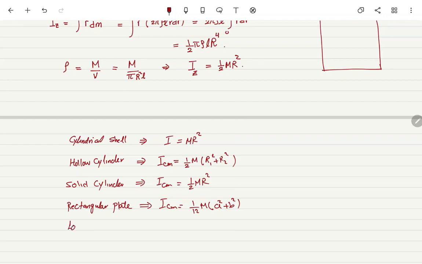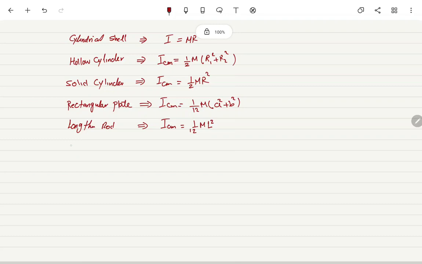For a long thin rod, the moment of inertia about its center is equal to 1 over 12 ml square, and for a long thin rod with the rotation axis through one end, it's equal to 1/3 ml square.